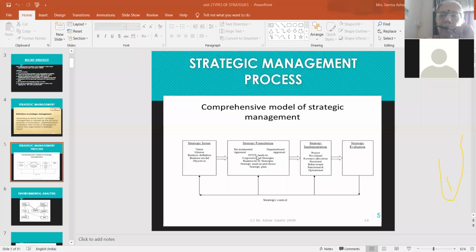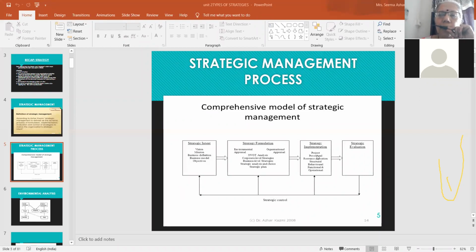After that, you will have to frame your strategies or formulate your strategies. Strategies will be many. Out of the many strategies, you will have to choose a particular strategy which can be implemented, and that will be called your strategic plan. This strategic plan will now be implemented in the third stage.